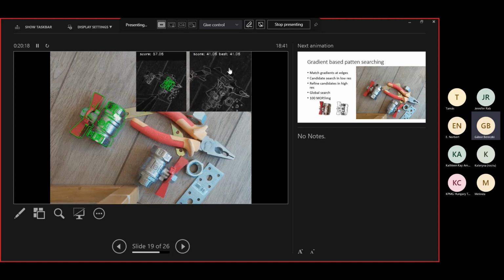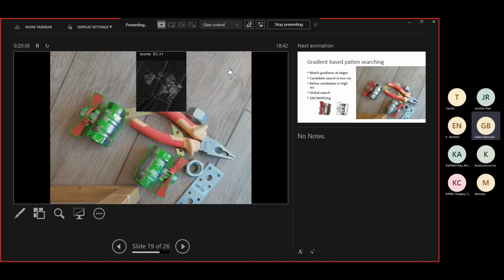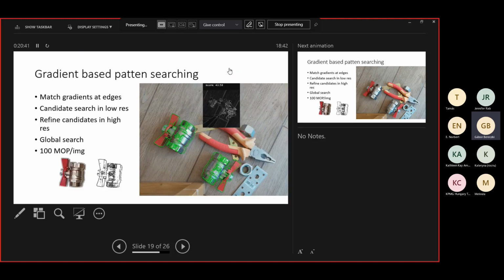The score stays low, and it's discarded. This algorithm is very easy to parallelize. For an image like this, it costs about 100 million instructions per image. That means it can run on a CPU. We don't need a GPU for this, and as you can see, it works pretty well.